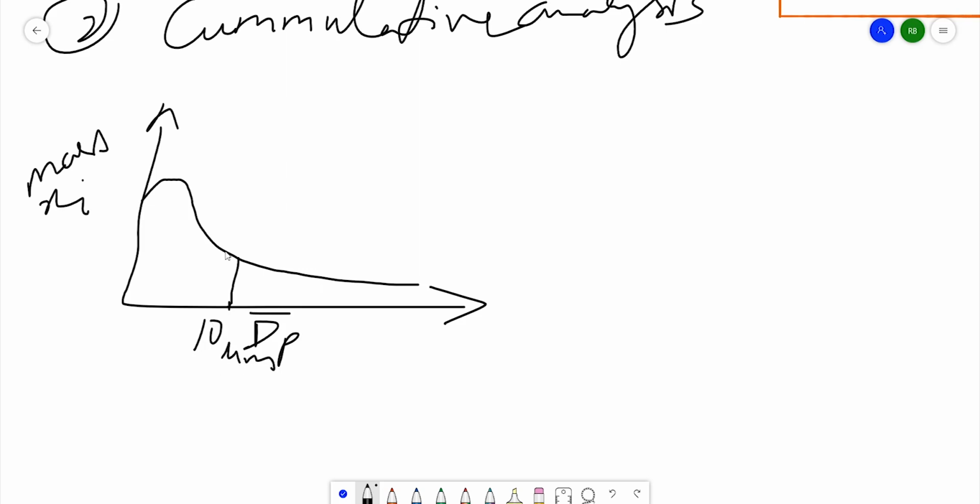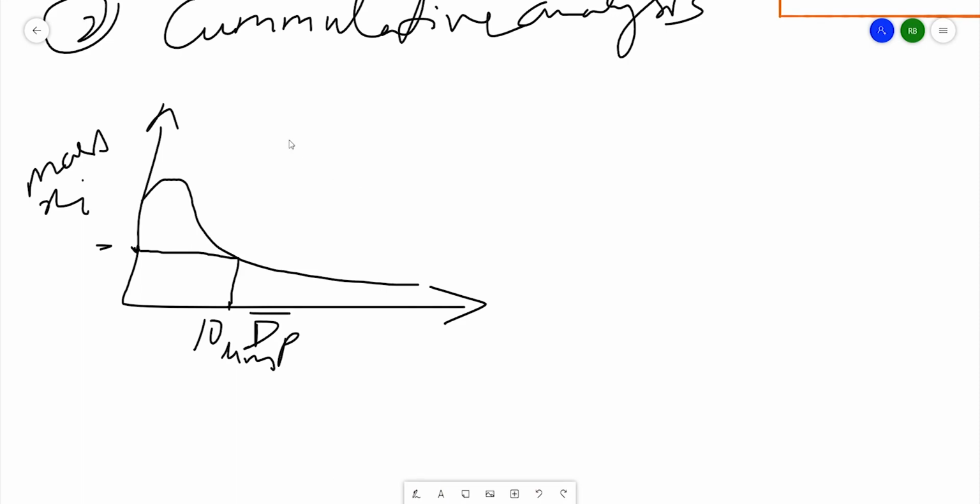You can easily see from the graph that the value will be somewhere here. This plot is called differential analysis.